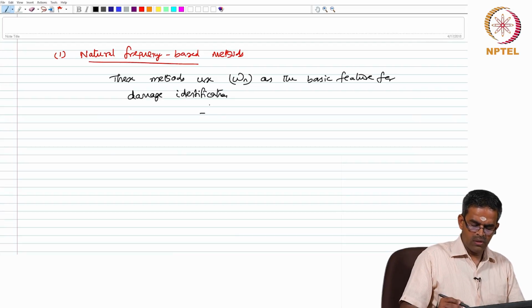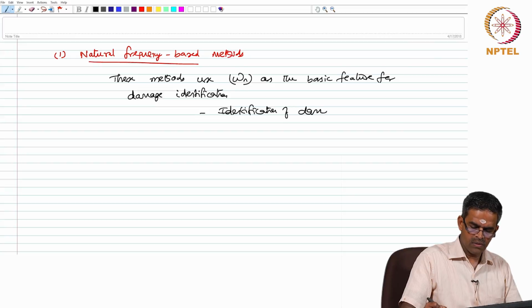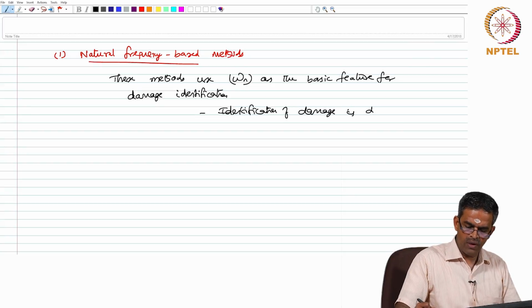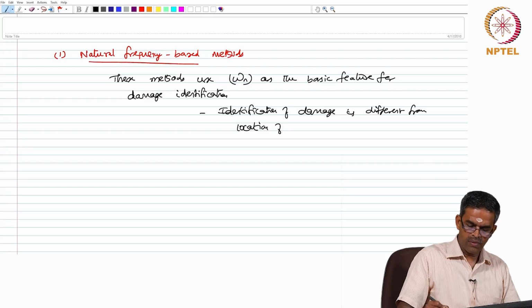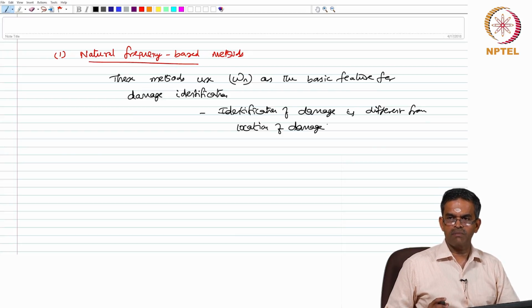Please note that identification of damage is different from location of damage. We first identify that there is a damage in the system, then we have to locate where the damage has occurred, what is the extension of the damage, what would be the influence of the damage on structural health, all these will follow.